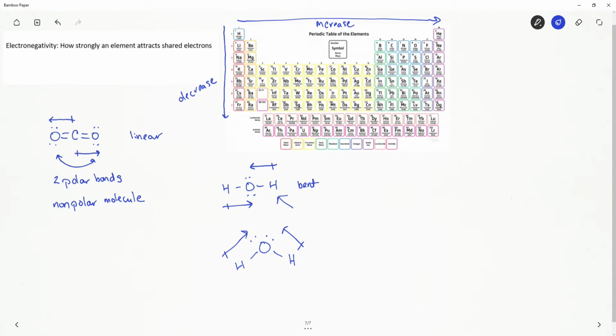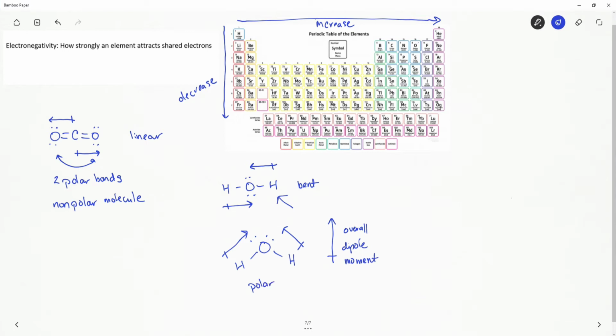You can see now that these bonds do not add out, that actually we are going to have an overall dipole moment that looks like this. When we have an overall dipole moment, we say that this molecule is polar. Let's do one more molecule.